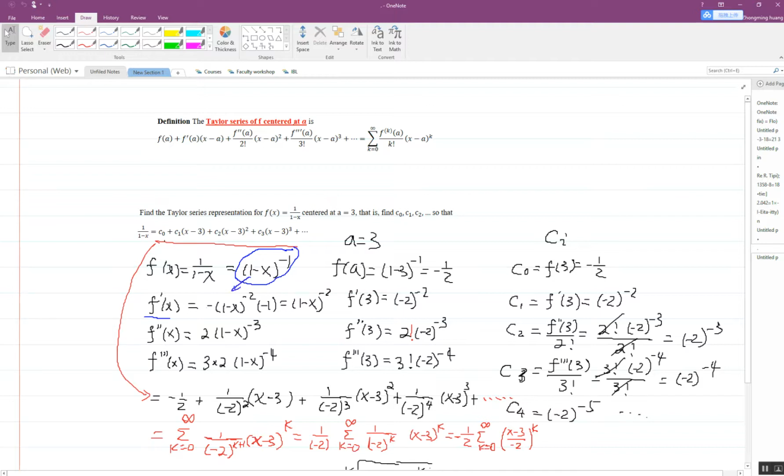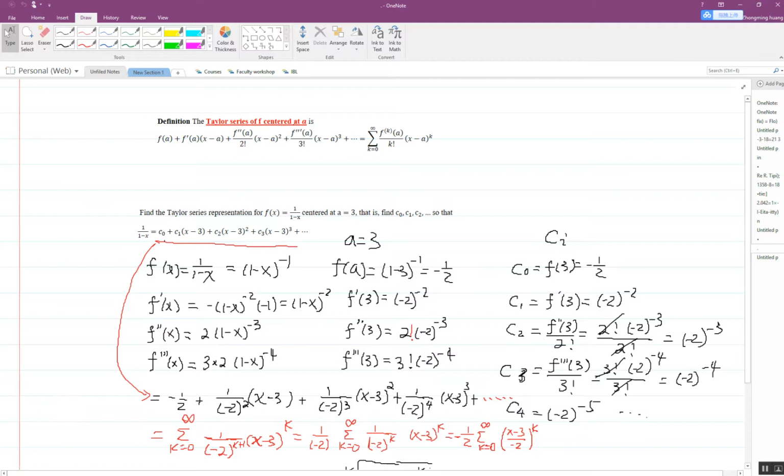I use the power rule: negative 1 minus x raised to the power negative 2. And where is this negative 1 from? It's from the derivative of the inner function 1 minus x. So the minus sign will be gone, and we are left with 1 minus x raised to the power negative 2.